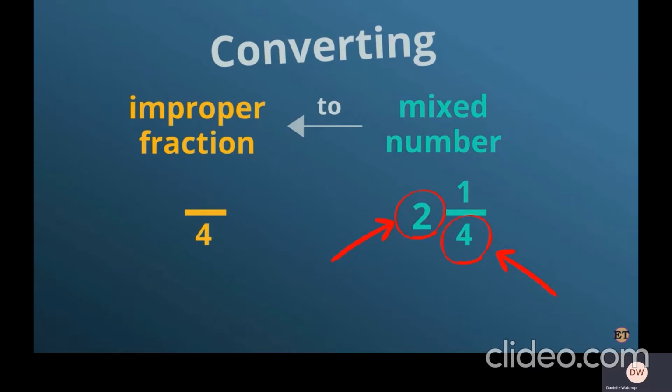In this example, that's 2 multiplied by 4, which is 8. Then we add the numerator, which is 1, to this number. 8 plus 1 is 9. This is the numerator of our improper fraction. 2¼ as an improper fraction is 9/4.